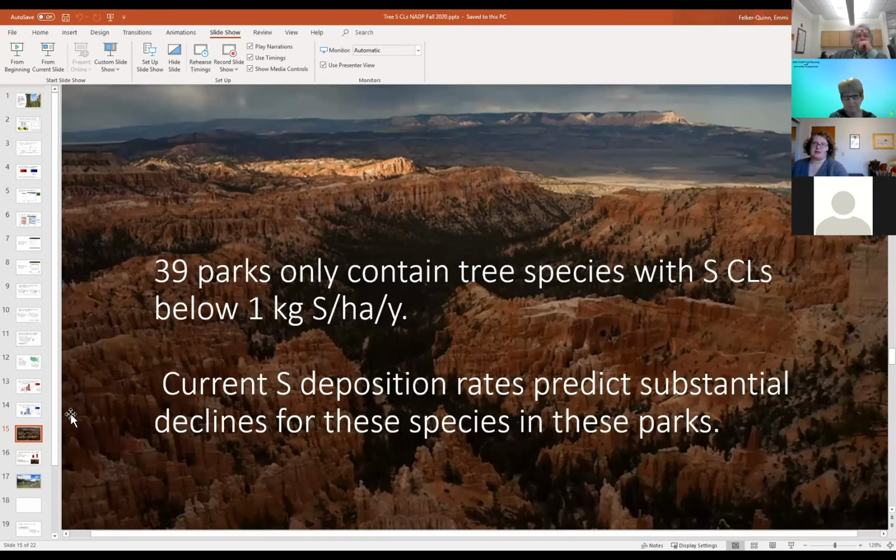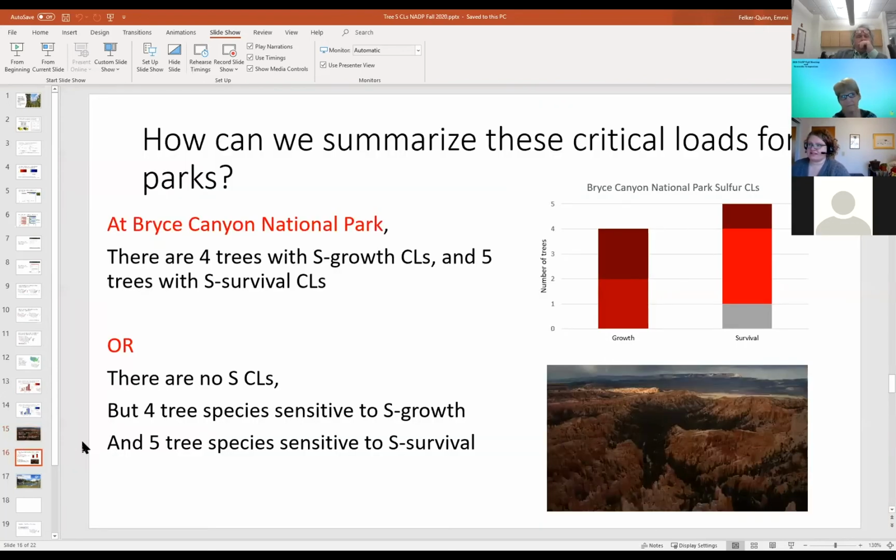So it offers an interesting opportunity to revisit what we know and compare the FIA data, which is collected in forests outside of national parks, to some of the forest growth and survival data collected by the Park Service. But it still leaves the question of how to summarize these critical loads for parks.